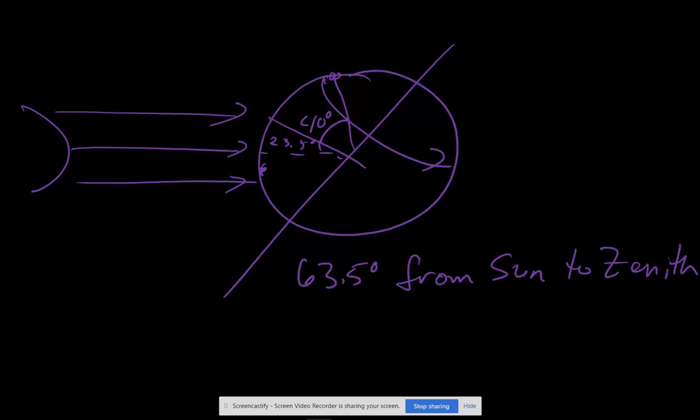That's a pretty big number, but it's even more impressive if you ask how high the sun is above the horizon. What's the angle between my zenith and the horizon? 90. So 90 minus 63.5 is 26.5 degrees.